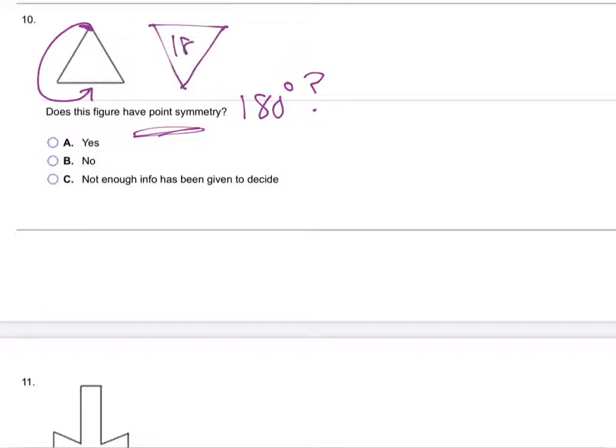If you did a 180, it would be like that. That's not right onto itself, right? So that one's a no. That one does not have point symmetry because if you flipped it halfway around, it would not be back onto itself. It doesn't all reflect through that point.